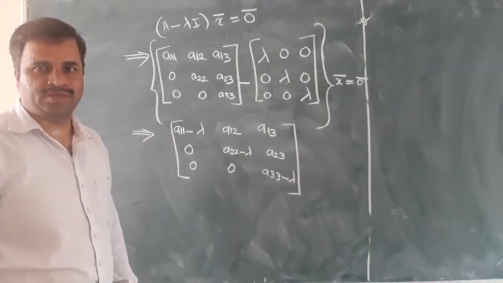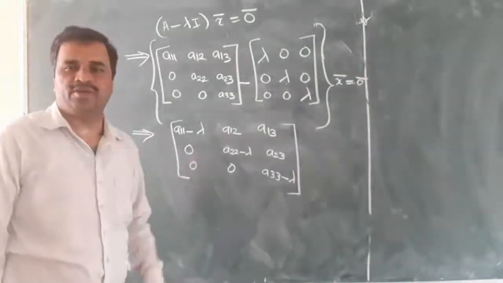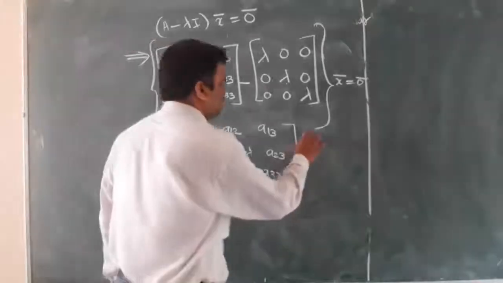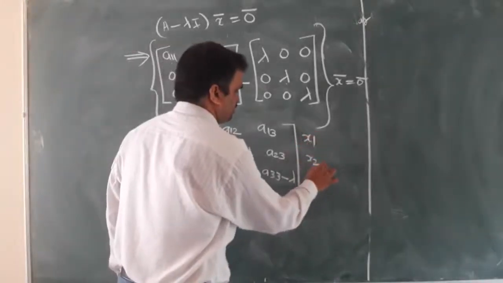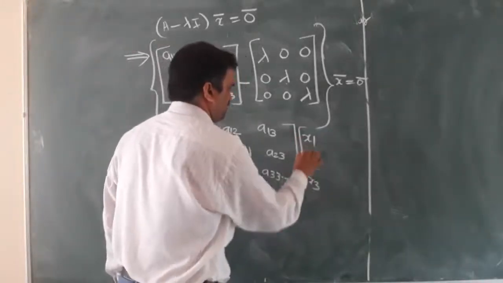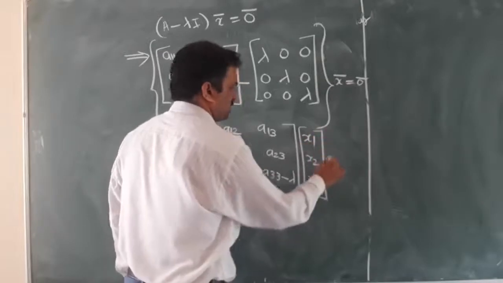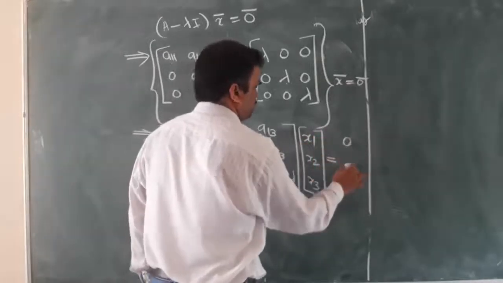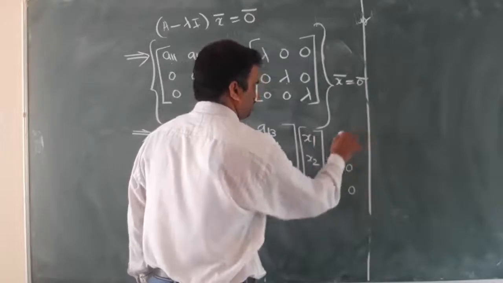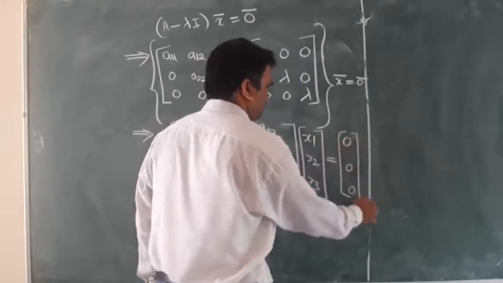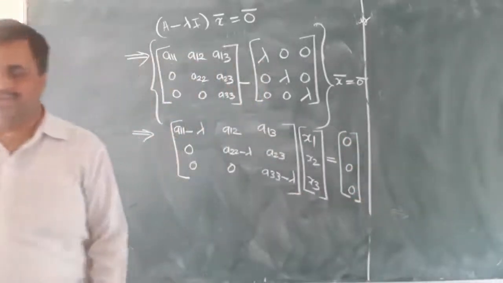We know it is a column vector with 3 rows, so we can introduce 3 variables. So x bar is x1 x2 x3, and 0 bar is the column vector 0 0 0.